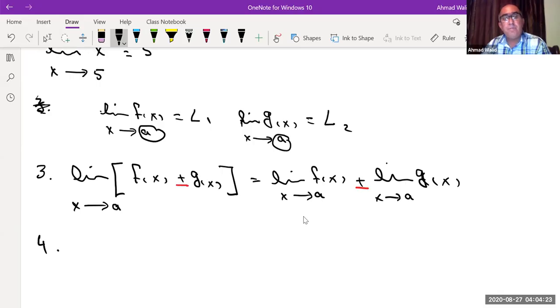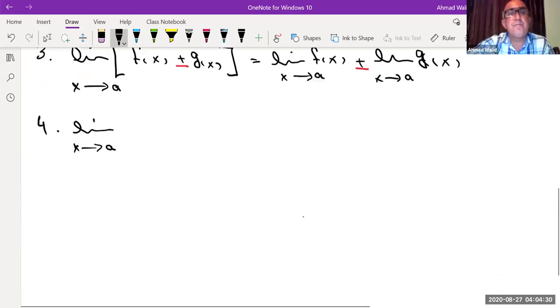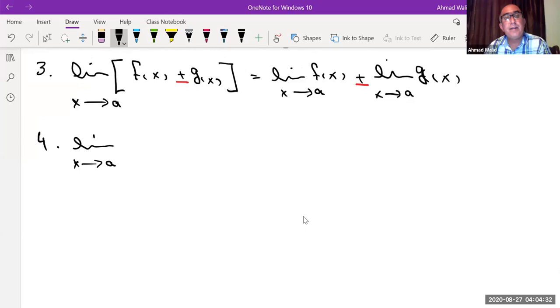Number 4, limit as x approaching a of f of x times g of x.